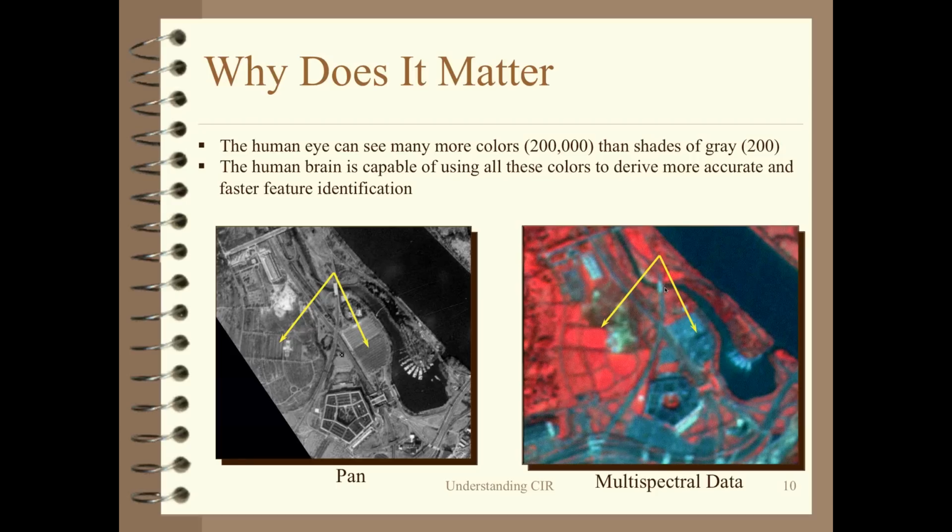It's just panchromatic. Our eyes only can detect about 200 different shades of gray, and so there's really nothing that we can discern from this image as far as the vegetation goes. If you look at the other image, the multispectral image on the right, you can see that it looks fuzzy.